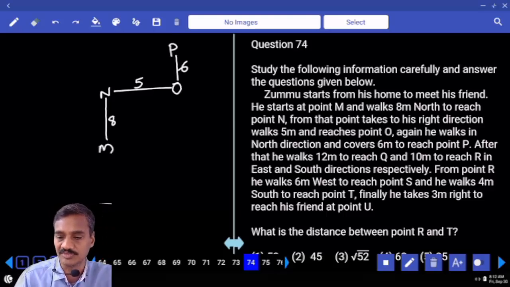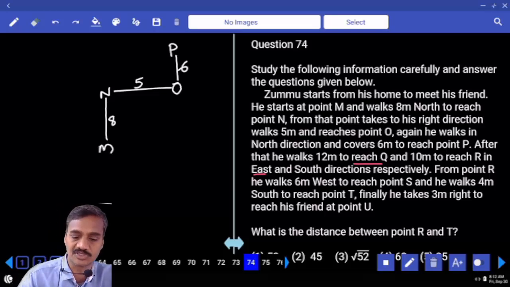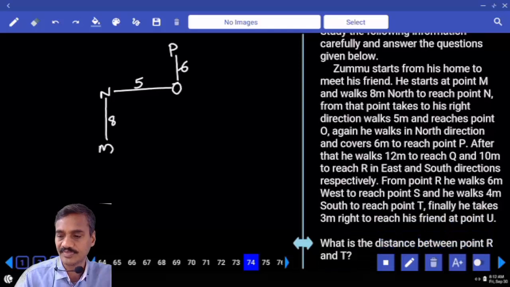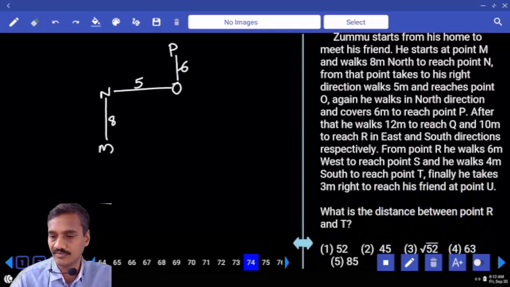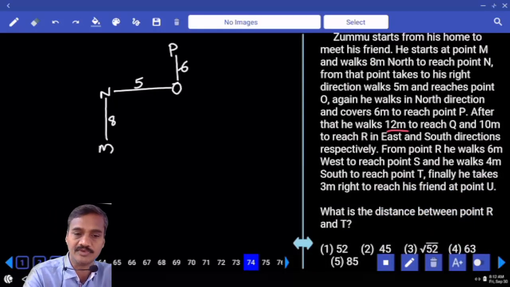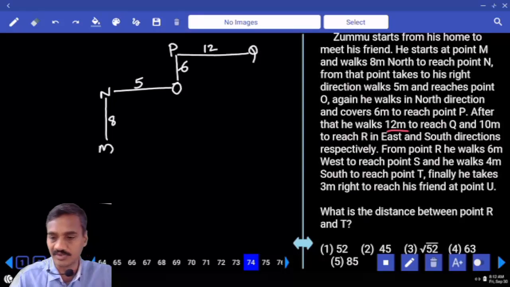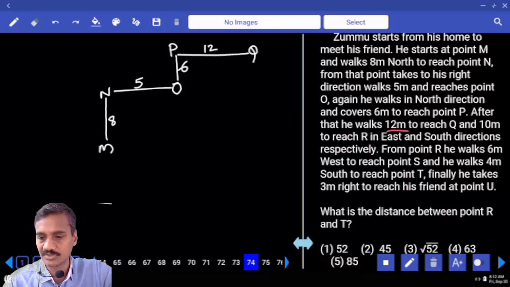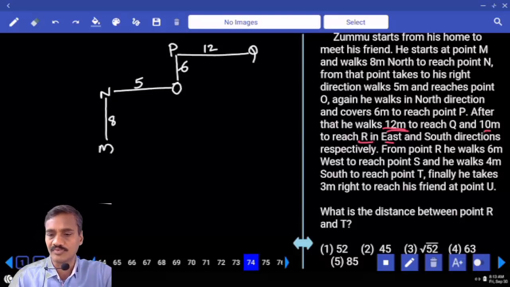After that he walks 12 meters east to reach Q and 10 meters south to reach R. First, from P, he walks 12 meters towards east to reach Q. Then from Q, 10 meters south.